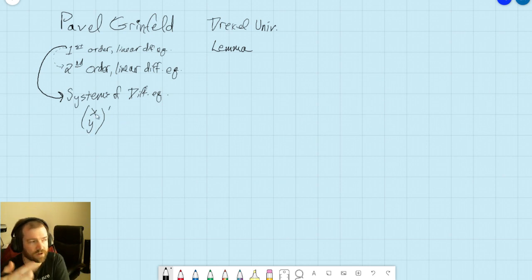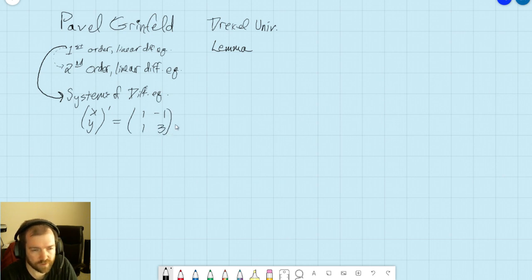And so we see something like (x, y) as a vector, prime, is going to be equal to the matrix [1, -1; 1, 3] times (x, y). So given this, how can we solve this particular system of equations?